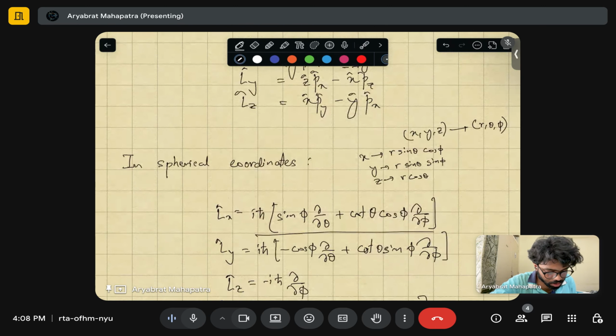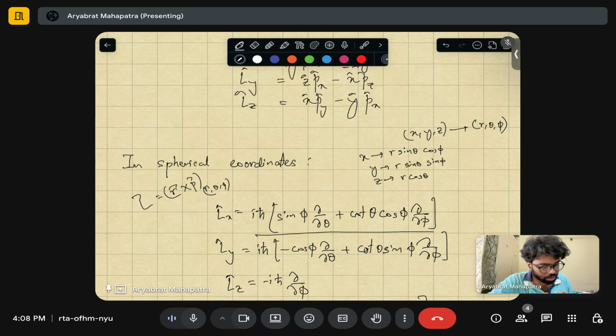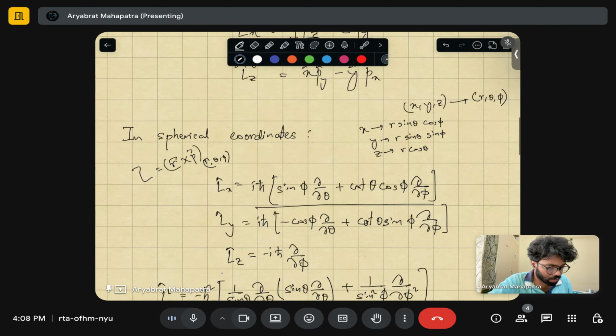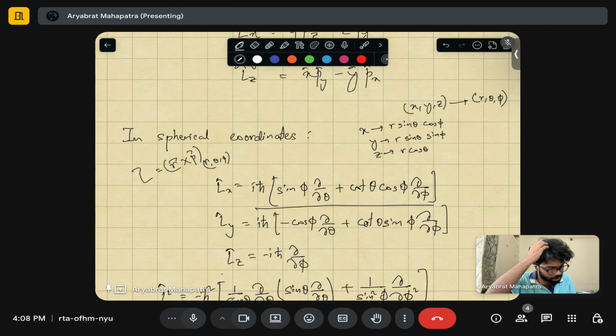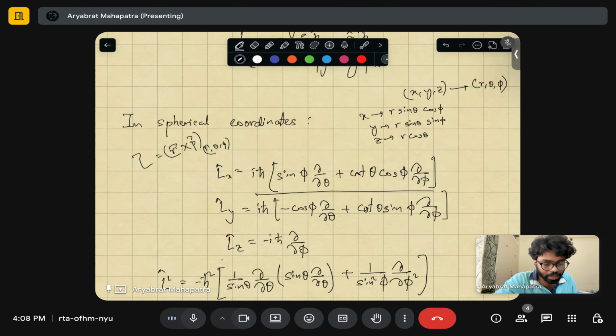Basically, you first take L equals r cross p in r, theta, phi coordinates, and then you separate out the ij components, and that will be your x, y, z components of angular momentum in spherical polar coordinates.